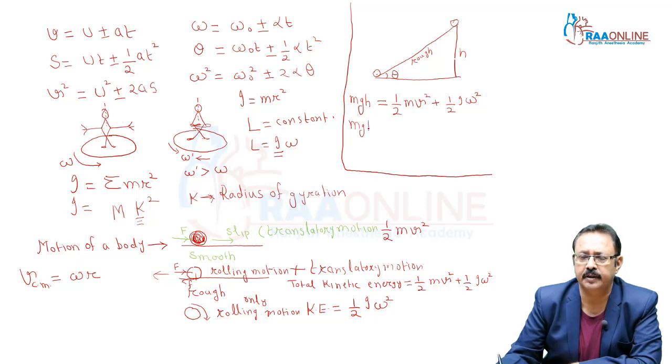mgh is equal to half mv square plus half I omega square. Suppose moment of inertia is mk square, where k is the radius of gyration, and omega you can write v by r. Cancel m with m.